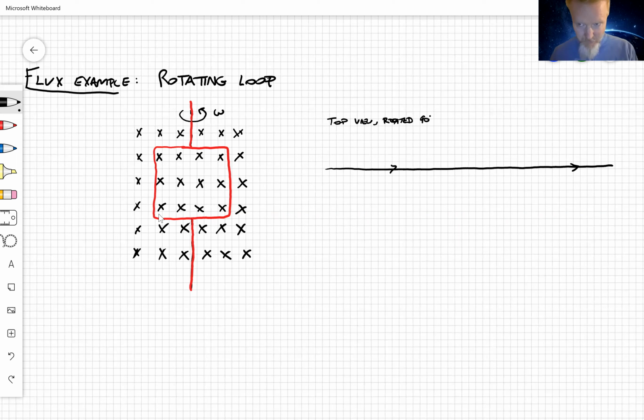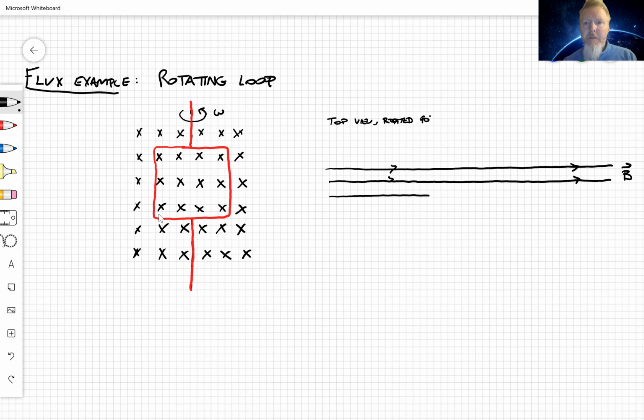You look at it and then turn this way. So now this is what the B field looks like. Okay, so that's about all we need here.